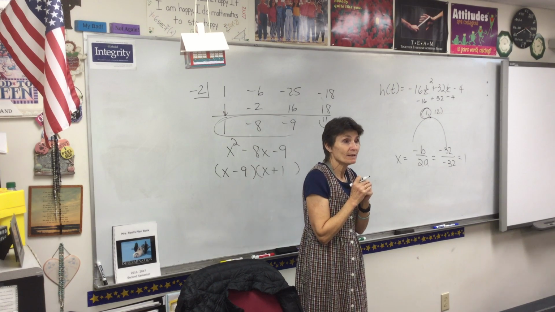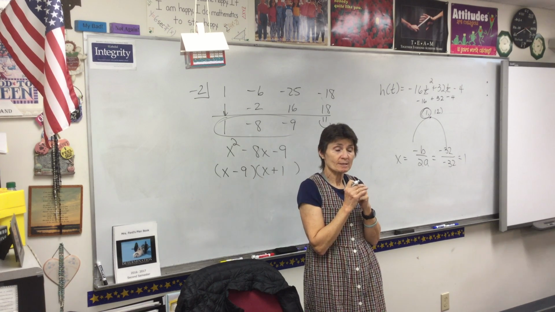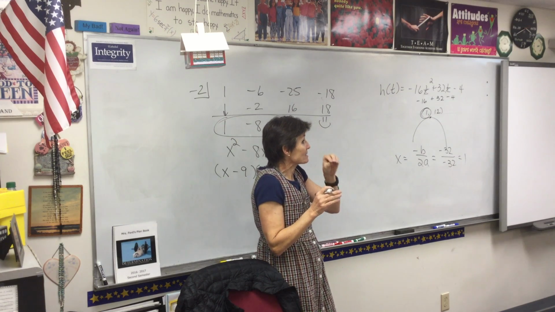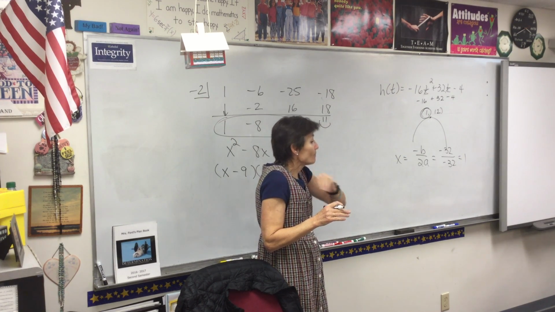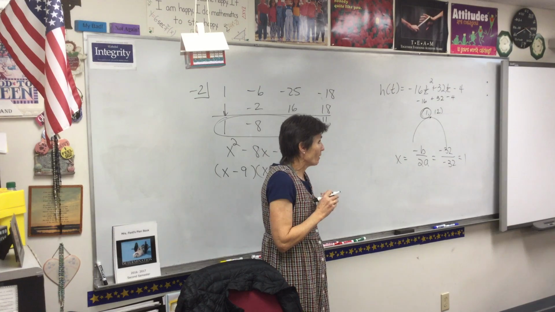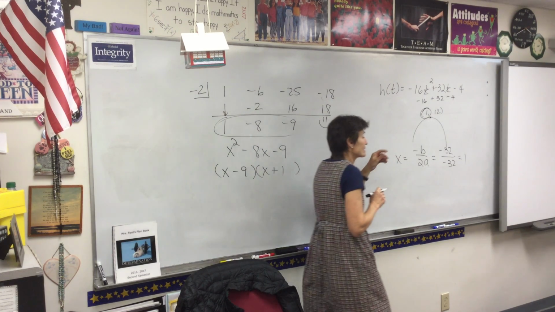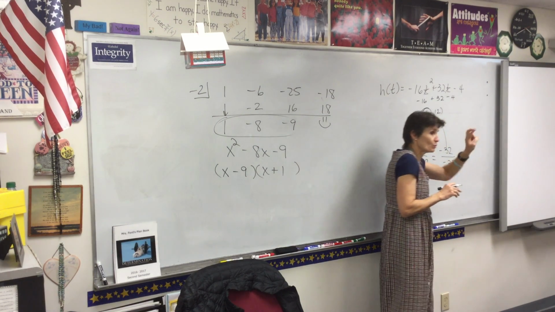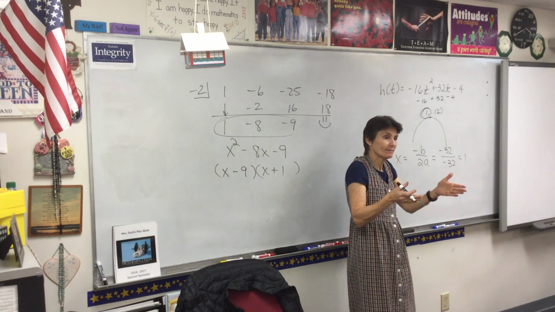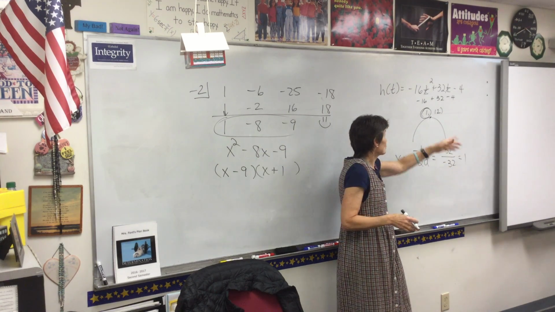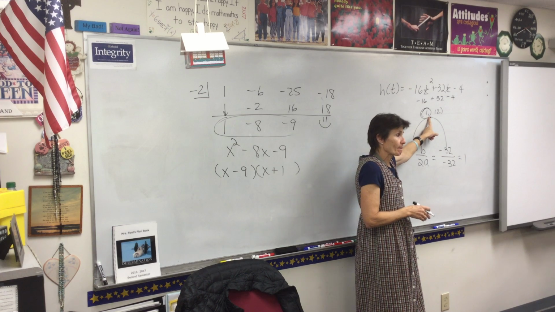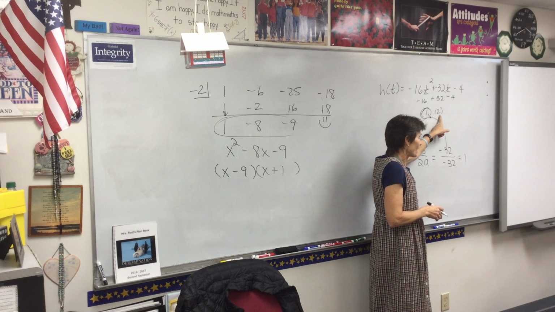So that's 12 feet. So if the question said, what is the maximum height? Then the answer would be 12 feet. Your vertex is always going to give you two numbers, obviously, X, Y. One of them is going to be the time, and the other one is going to be the actual height.